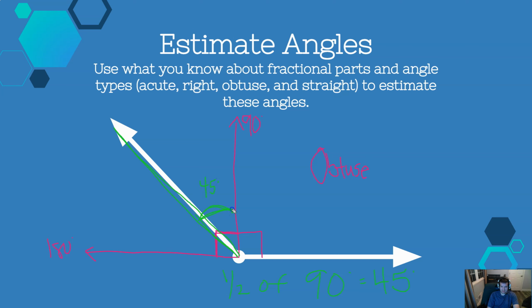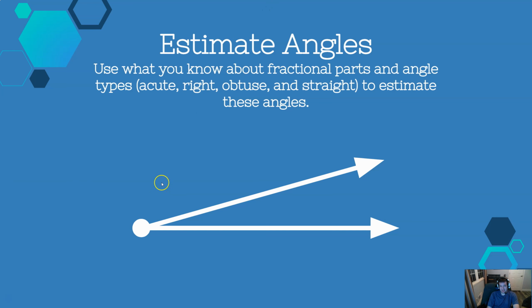But since the entire angle is from here to here, we're not only going to include the 45 degrees here, but we're also including that 90 degrees here, right? So this is 90 degrees plus the 45 degrees. That would be an obtuse angle measurement that's probably 135 degrees. Do you notice how we sometimes have to estimate a little bit to see?